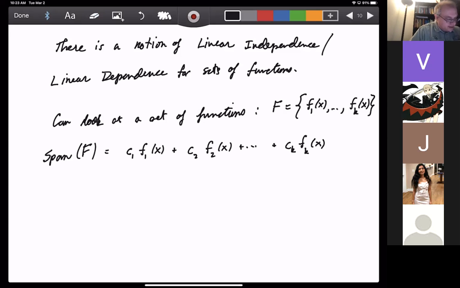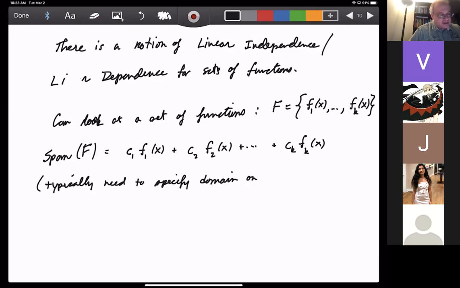And typically we want to specify the domain on which we're working. So we could, for instance, say that we're going to work on the open set for x between a and b.